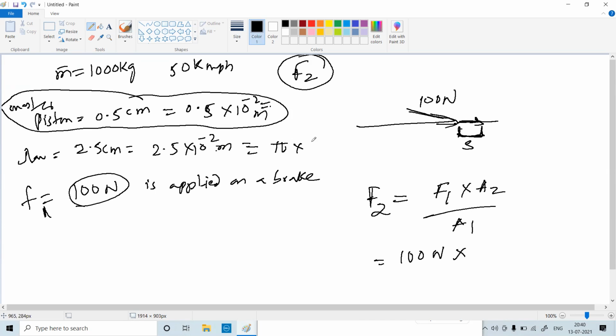So pi into 2.5 into 10 to the power minus 2 square, and pi into 0.5 into 10 to the power minus 2 square. Pi will get cancelled, so I'm just writing the radius square.